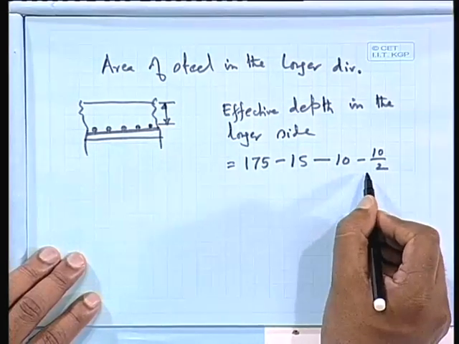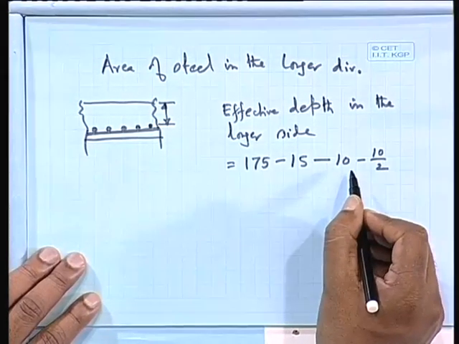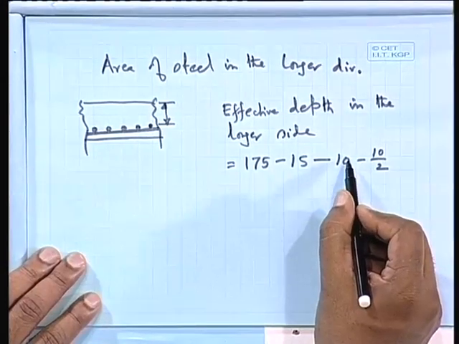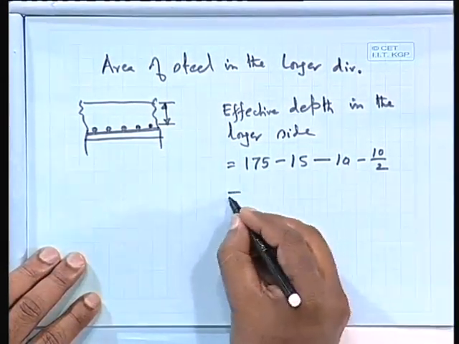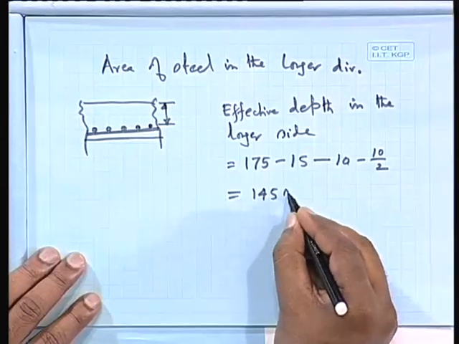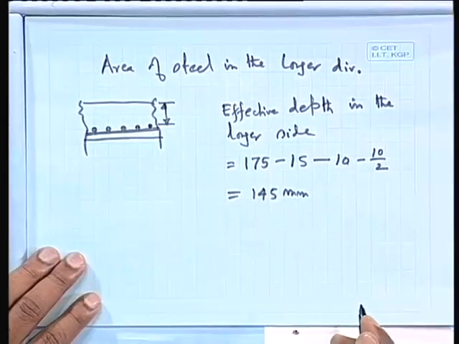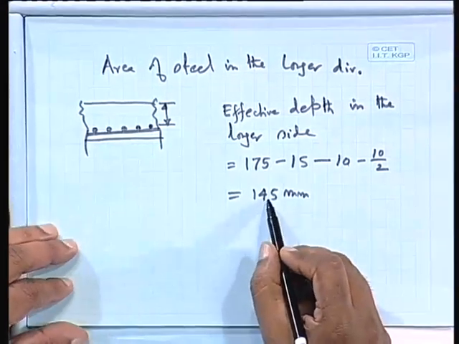This is the difference. That means your effective depth in the longer side will be reduced by the bar diameter of the shorter side. So it comes as 145 millimeter.